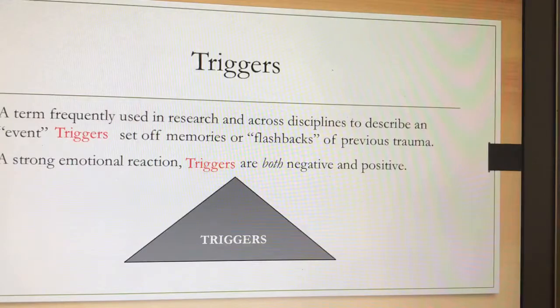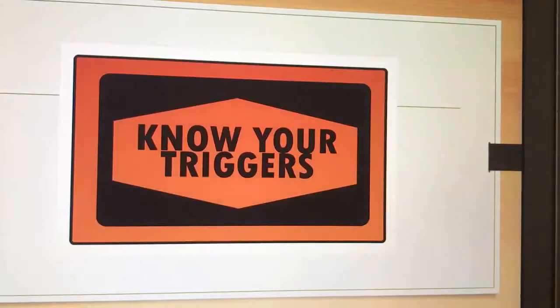The senses identified as most common to trigger someone are sight and sound, followed by touch and smell, and taste close behind. A combination of the senses is identified, especially in situations that strongly resemble the original trauma. So why is it important to know your triggers?